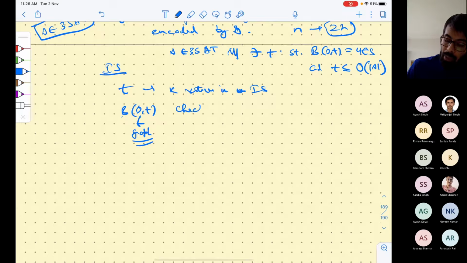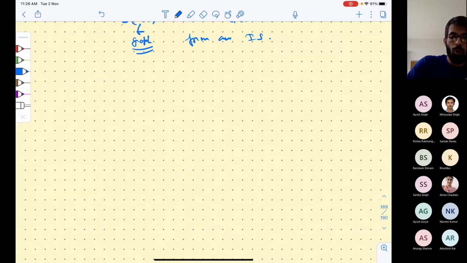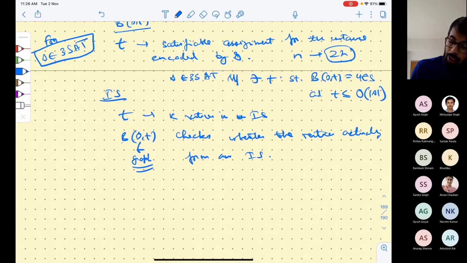So B checks whether the vertices actually form an independent set. And similarly for vertex cover, I'm not going to write it out. So there are all these problems.